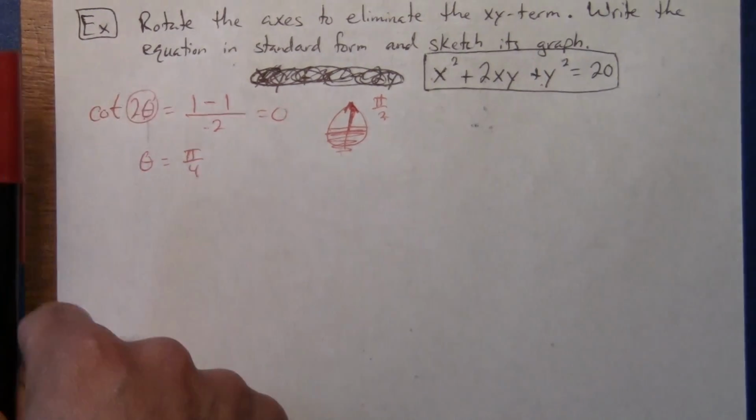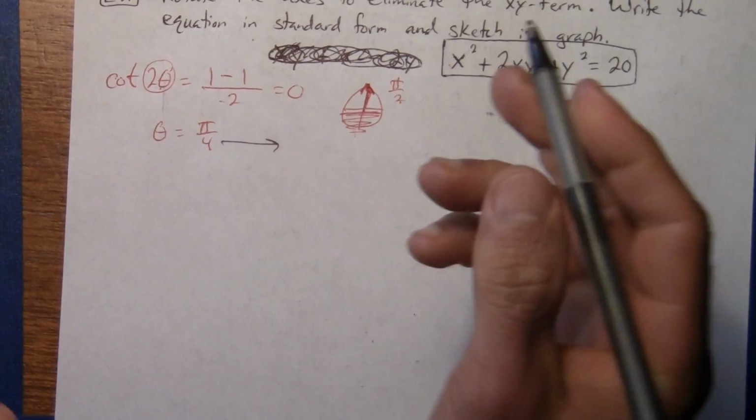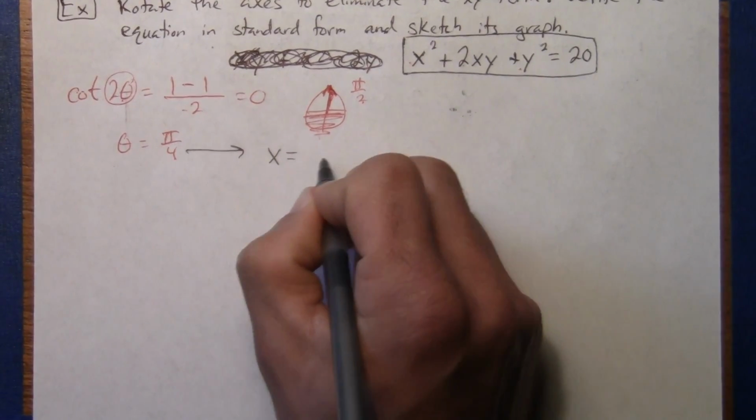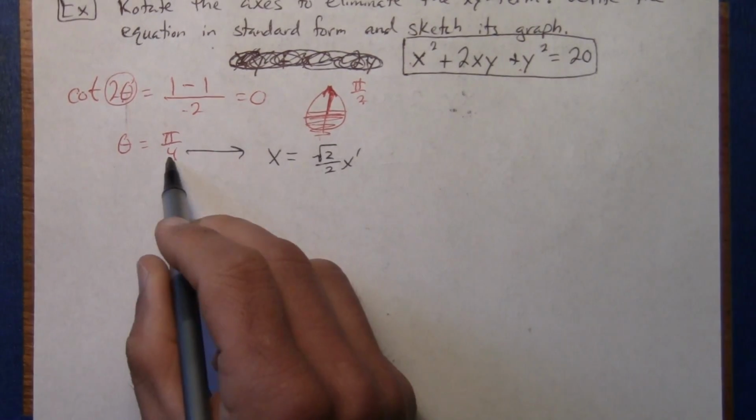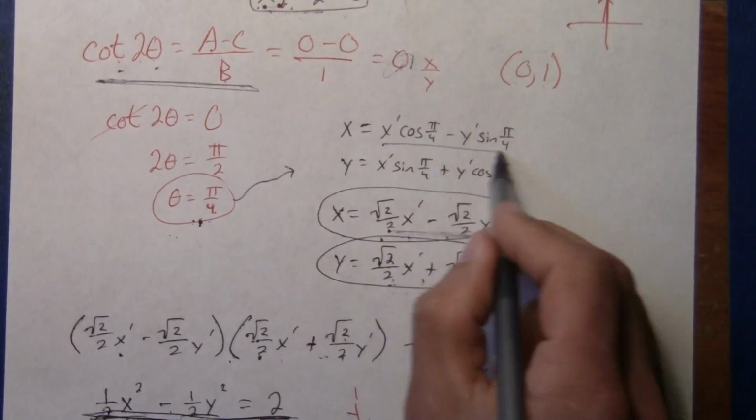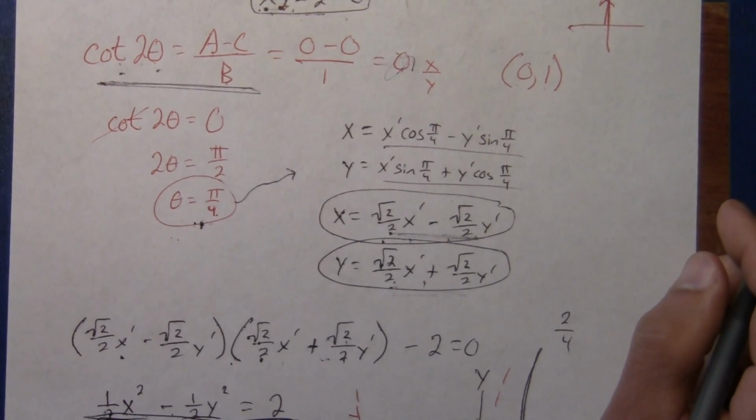All right, now that I've got this, I can immediately go to my substitutions, and since I know them from the last problem, I'm going to say x is equal to x prime times the cosine of pi over 4, square root of 2 over 2 x prime. I would probably suggest for all of your homework you write this out until you have that down.